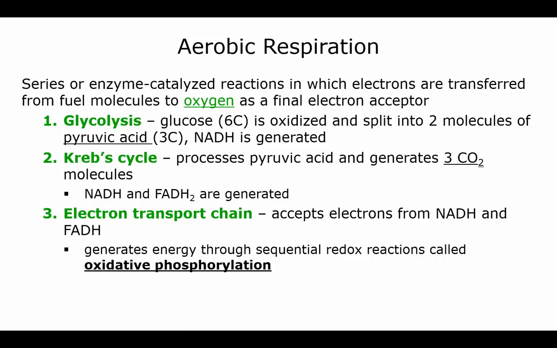And NADH, excuse me, and FADH2 are made. And these are also carrying electrons. And remember, electrons have energy in them. Okay? The electron transport chain is going to accept those electrons from the NADH and the FADH2. And then it's going to make energy by a series of redox reactions called oxidative phosphorylation.